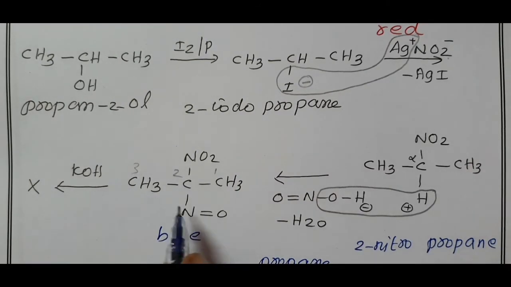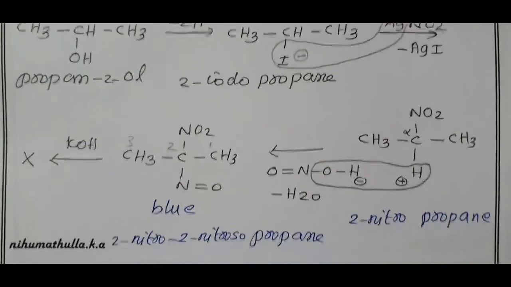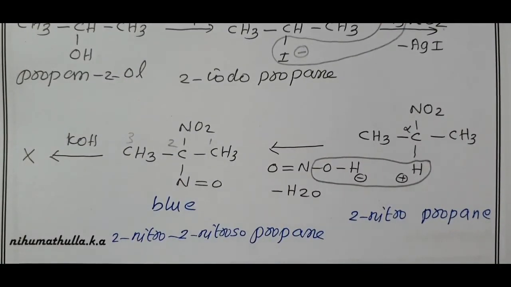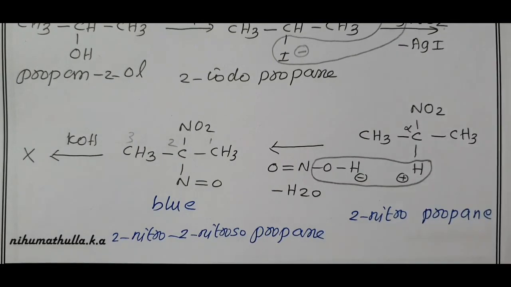In the second carbon we have 1 nitro, 1 nitroso. Second carbon 1 nitroso, and in the same second carbon 1 nitro. 2-nitro-2-nitrosopropane. This is about secondary alcohol. Primary alcohol gives red color. Secondary alcohol gives blue color.